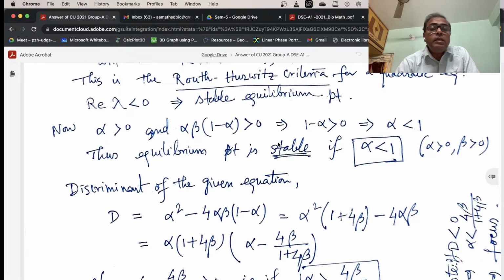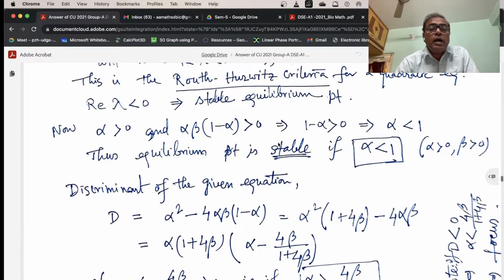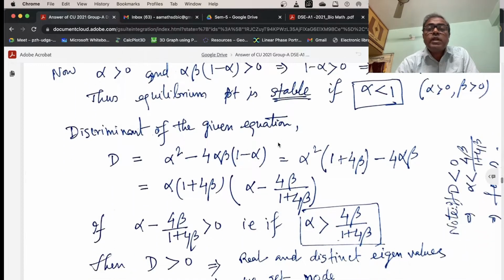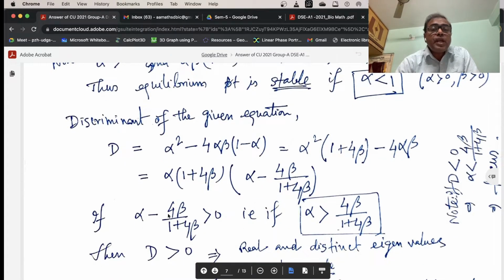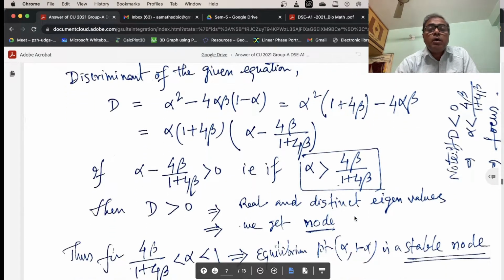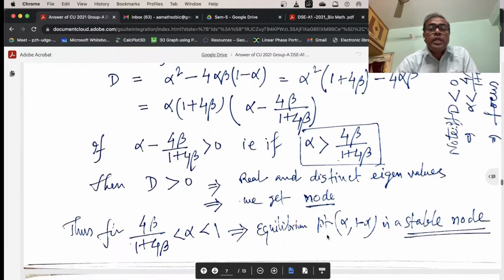Now the discriminant D of the given equation is alpha square minus 4 alpha beta times (1 minus alpha). After simplification, the discriminant is alpha times (1 plus 4 beta) times (alpha minus 4 beta by (1 plus 4 beta)). And if alpha minus 4 beta by (1 plus 4 beta) is positive, that is, if alpha is greater than this, then D is positive. So we get real and distinct eigenvalues, and so we get a node.